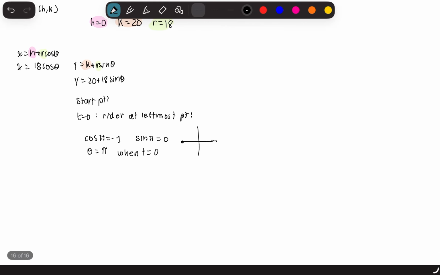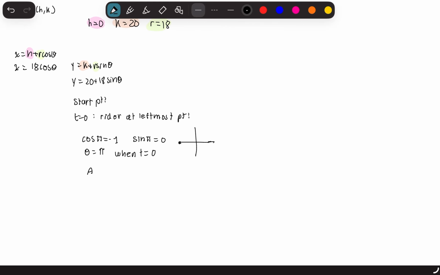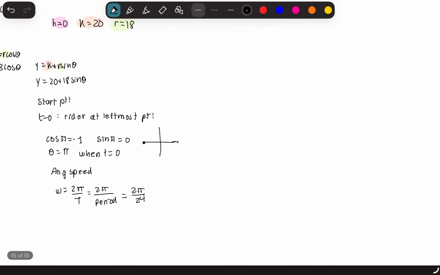So we're going to get the angular speed. Omega is equal to 2 pi over T, which is 2 pi over your period.